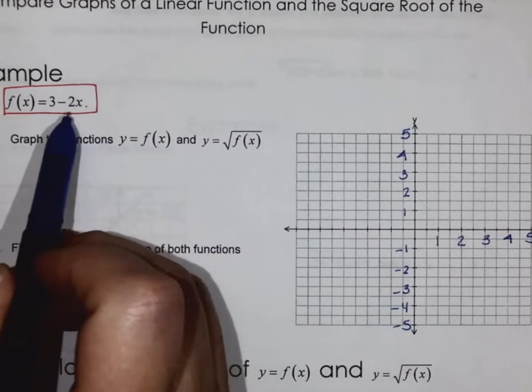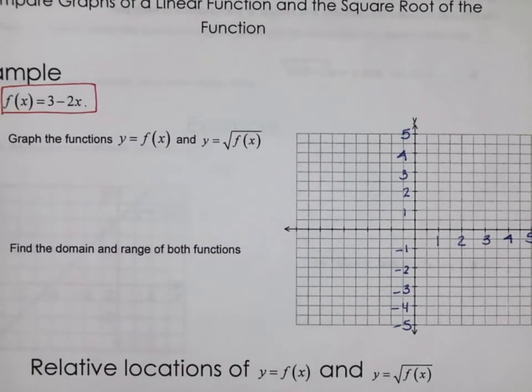Because what's the degree on the highest exponent on this equation? 1. So anything that has a degree of 1 is going to result in a linear function. If it has a degree of 2, so the highest exponent is 2, it's a parabola. So that was grade 10, linear.